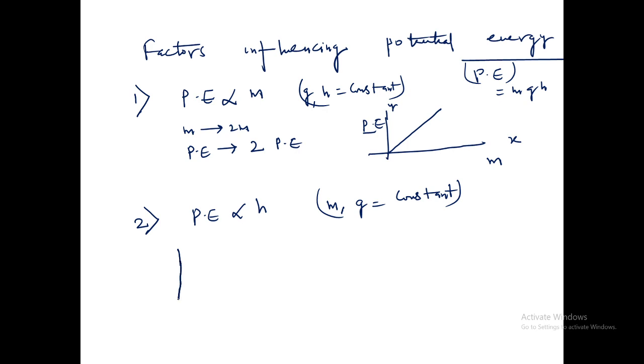If we plot on the x-axis height and on the y-axis potential energy, again this will come out as a straight line with non-zero slope. Okay, so these are basic things which we have to bear in our head.